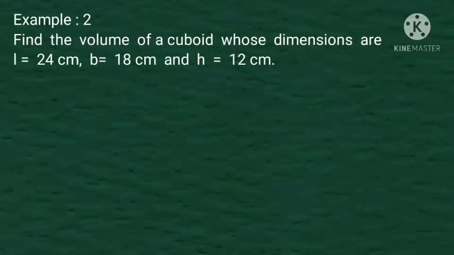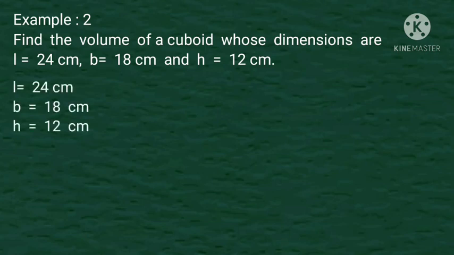Let's see another example. Find the volume of a cuboid whose dimensions are L is equal to 24 centimeter, B is equal to 18 centimeter, H is equal to 12 centimeter.